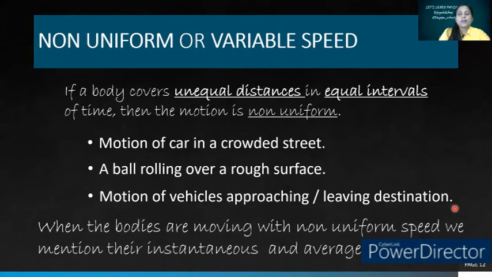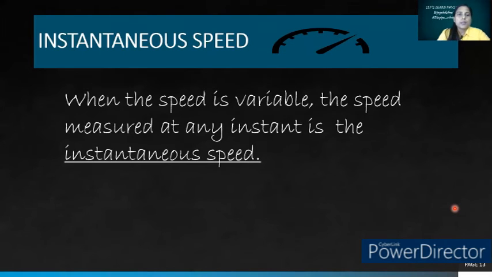Now, when bodies are moving with non-uniform speed, we mention their instantaneous and average speed. Whenever non-uniform speed is mentioned, the best way is to mention the instantaneous speed or the average speed. Now let's read about instantaneous speed. Instantaneous speed means the speed is a variable. When the speed is variable, it is measured at any instant of time.